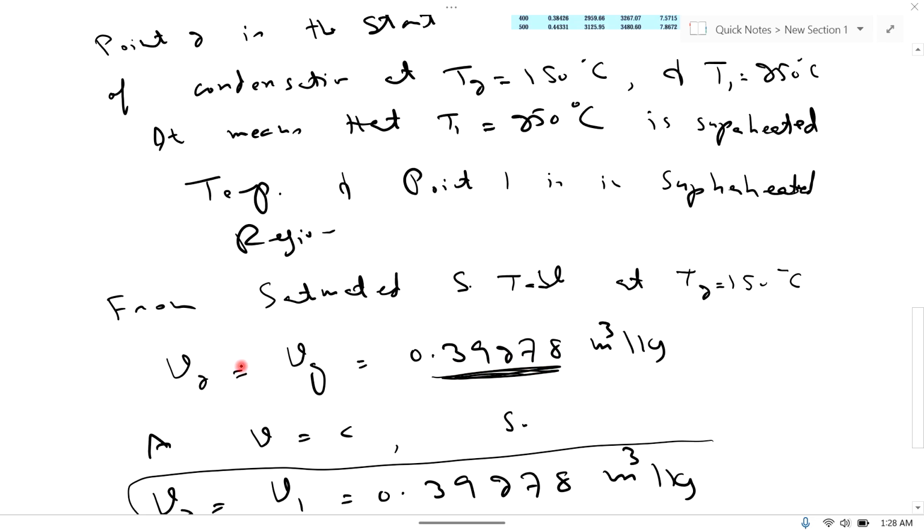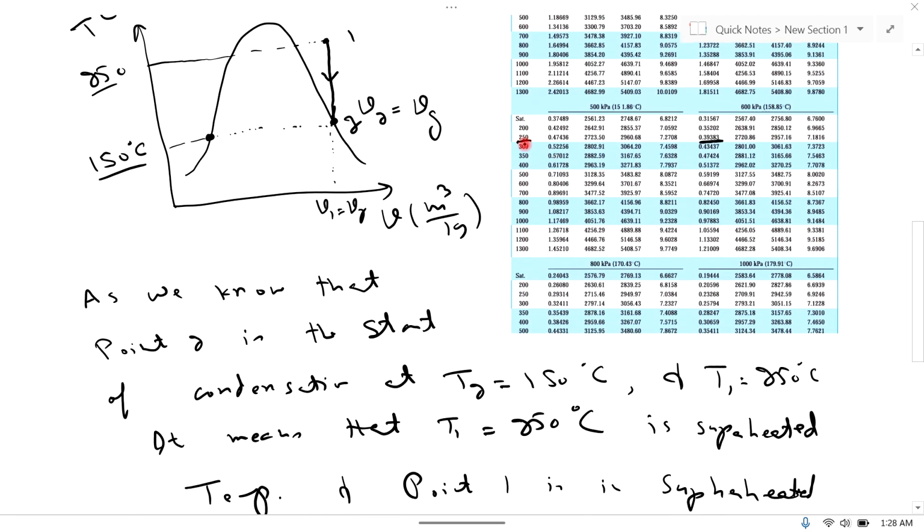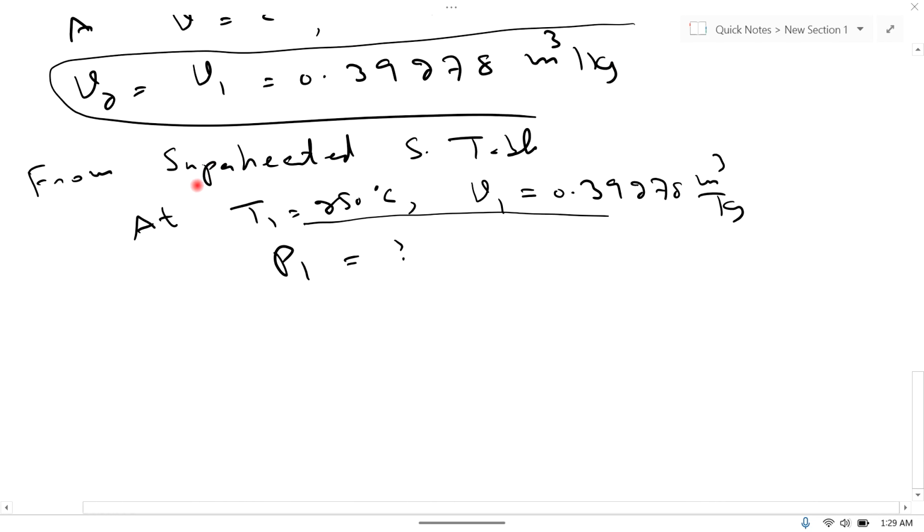This volume at 250 degrees centigrade is available, but the exact value is not available, so we will do interpolation. At 250 degrees centigrade and 0.39383, the pressure is 600 kilopascal. Similarly, at 250 degrees centigrade and volume 0.29314, the pressure is 800 kilopascal.